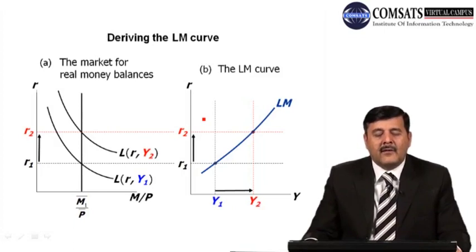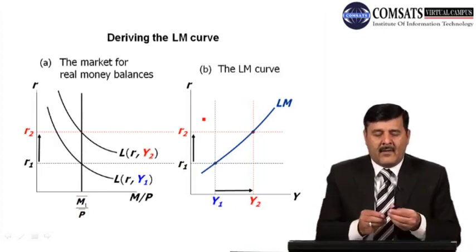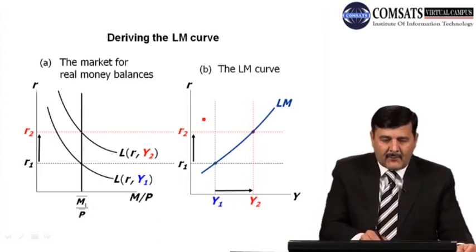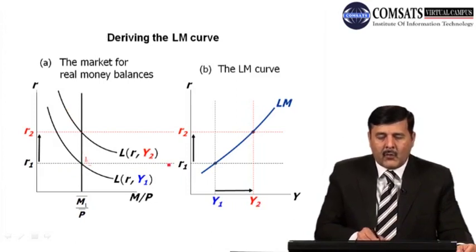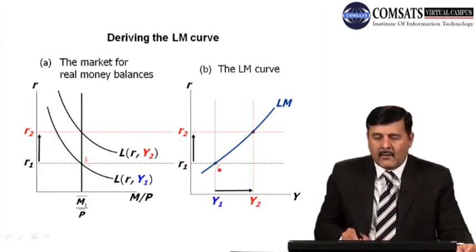Now these two curves intersect each other at a point A. Now corresponding to this point A, we have a point A in diagram B, which is the combination of R1 and Y1.